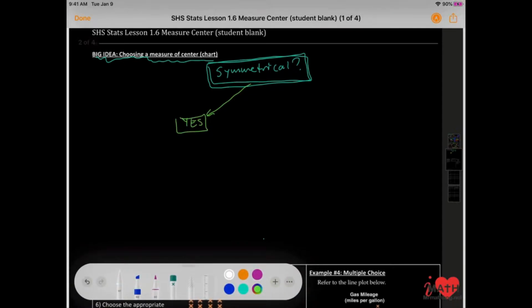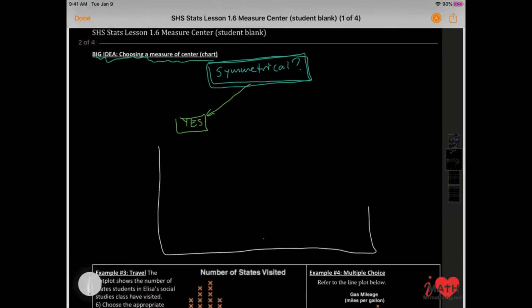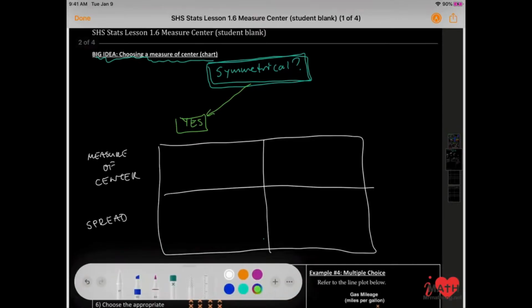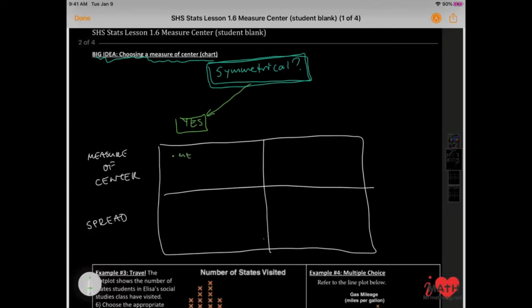make a chart here. And this is called the measure of center that we would use. And over here is the spread. We actually talked about that before. Remember the jam? Okay. So the measure of center you would use, if it is symmetrical, you will use the mean.